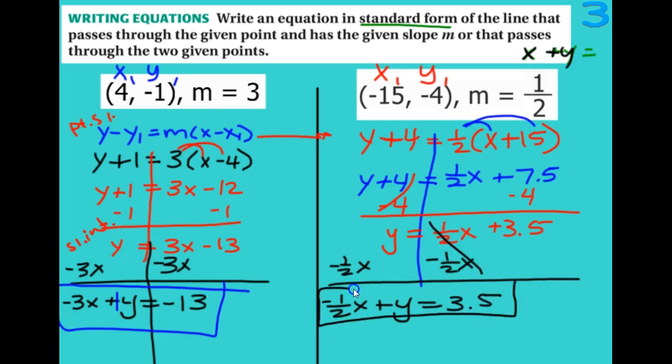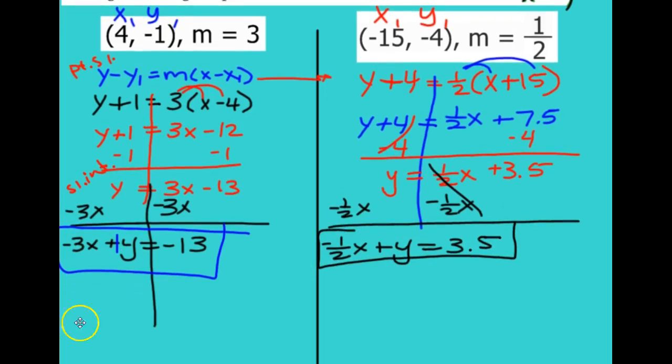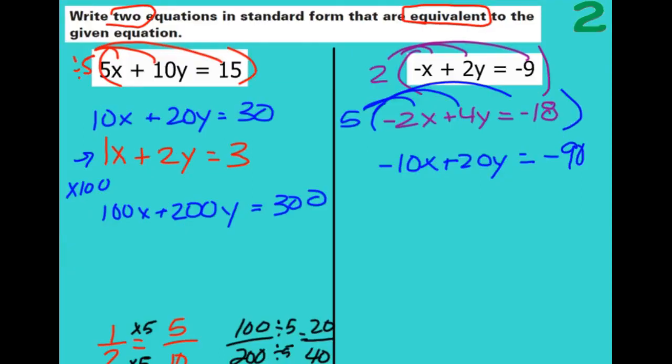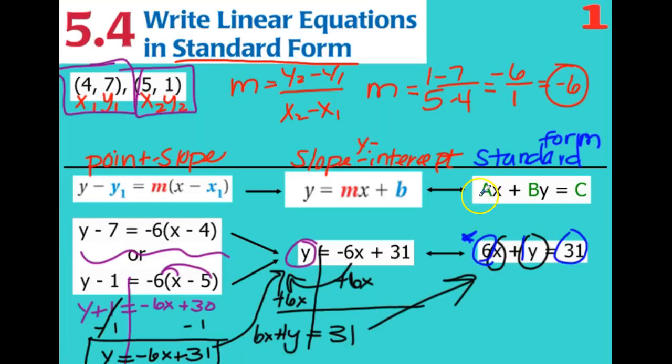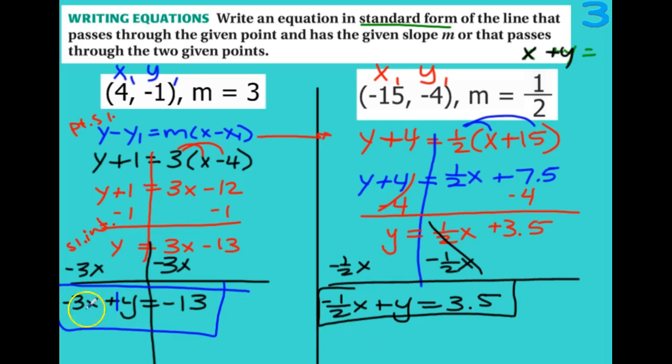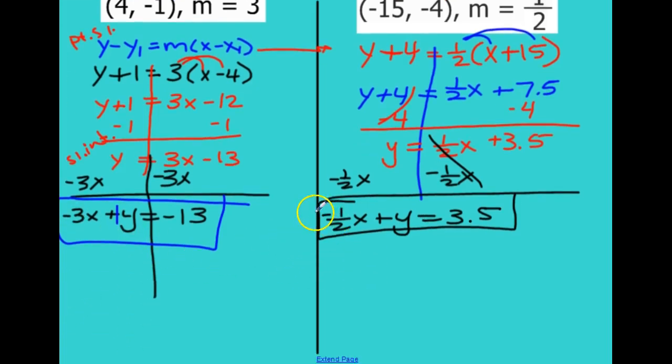Now this is technically an okay answer. However, we want all of the numbers to be whole numbers. Back here, all a, b, and c, all the numbers we would like in whole numbers. So I can just take this, just like we did before, and multiply it by something to get rid of the fraction. Well, if I just multiply by 2, that'll get rid of the half, because a half and a half would make 1.